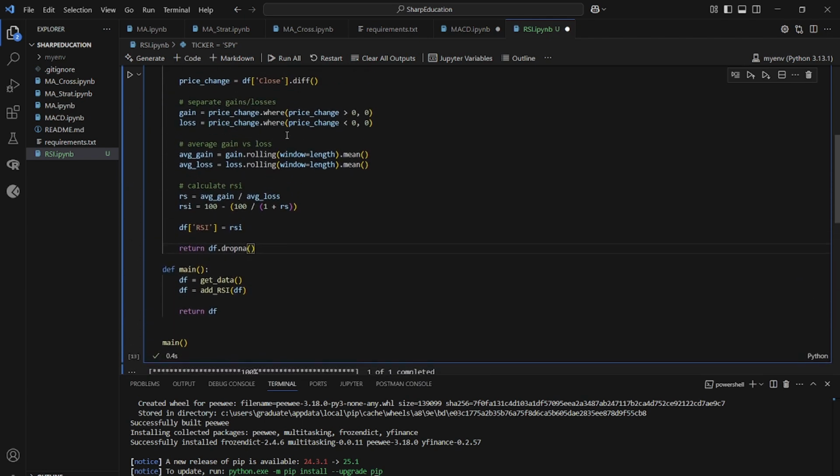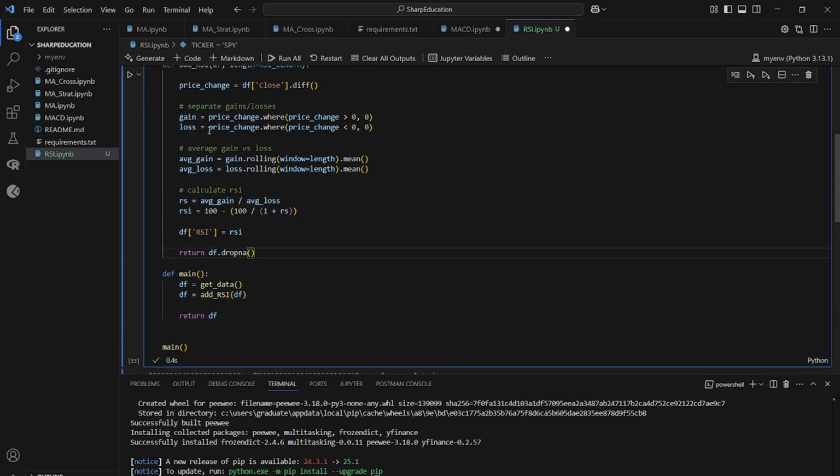Super important. I forgot to make sure that the losses were negative. So what I'm doing here is making the gains and losses both instances where price changes are above 0. And the issue with the losses is they are just always zero because there's never an instance where price changes were lower than zero but also positive.